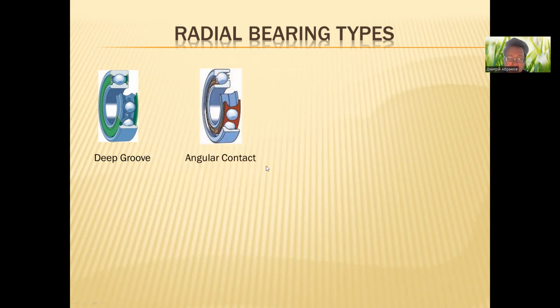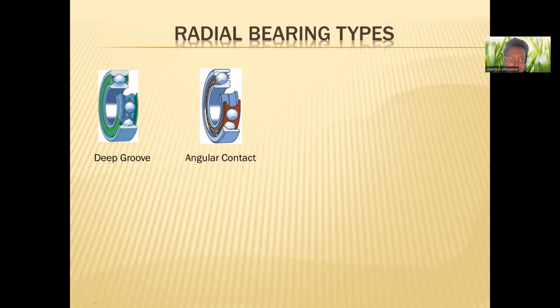Radial bearing types. You can see the different types of bearing. First type is deep groove, angular contact. What's the difference? The difference is in the form of rings. You can see this usual form, and you can see a form of rings in angular contact.